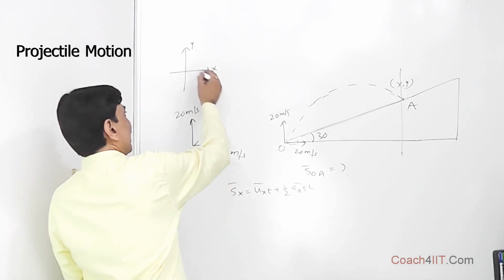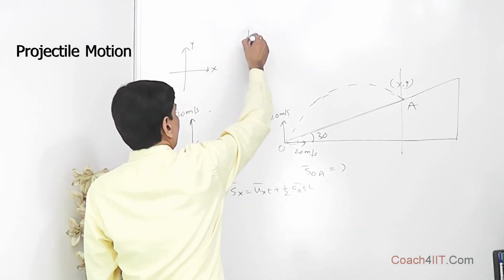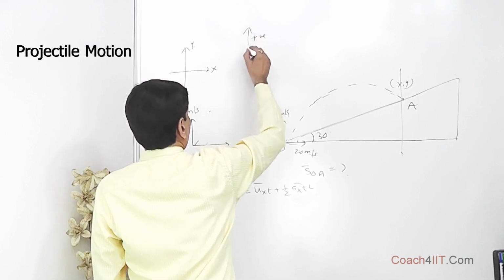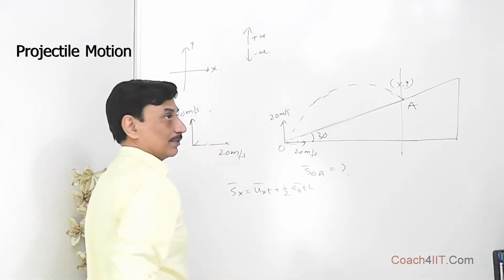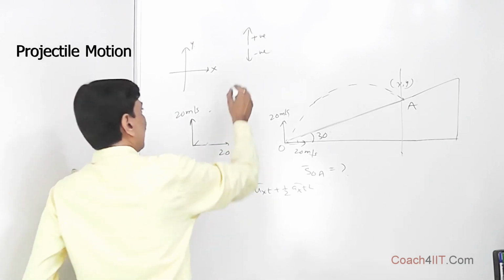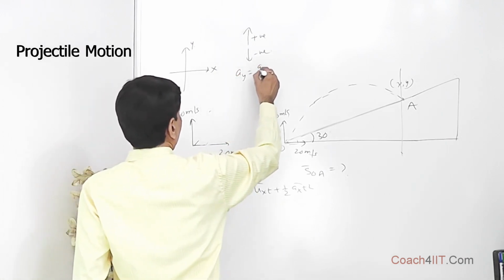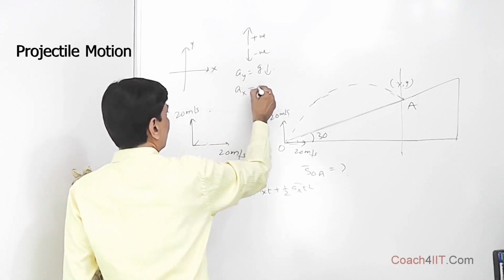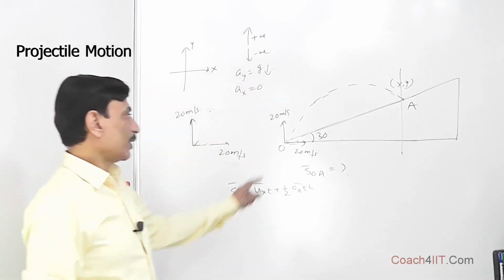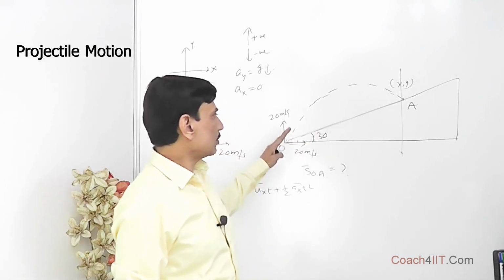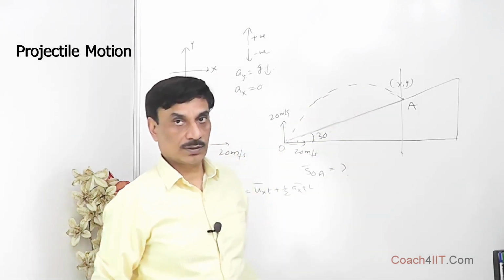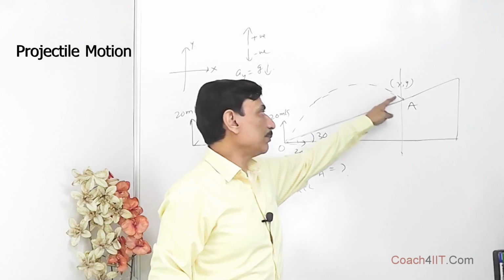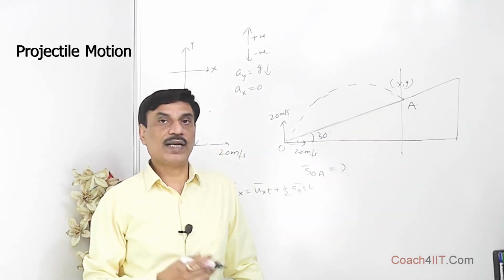Now x-axis is like this, y-axis is like this, and we have taken upward vectors as positive, downward vectors as negative. Also, we have taken ay equal to g in the vertical downward direction, and ax, which is purely along the x-axis horizontal, is equal to 0. So when the body goes from here to here, it is not bothered whether there is an inclined plane or not. It is still following the same kind of equation of trajectory that we had done earlier.